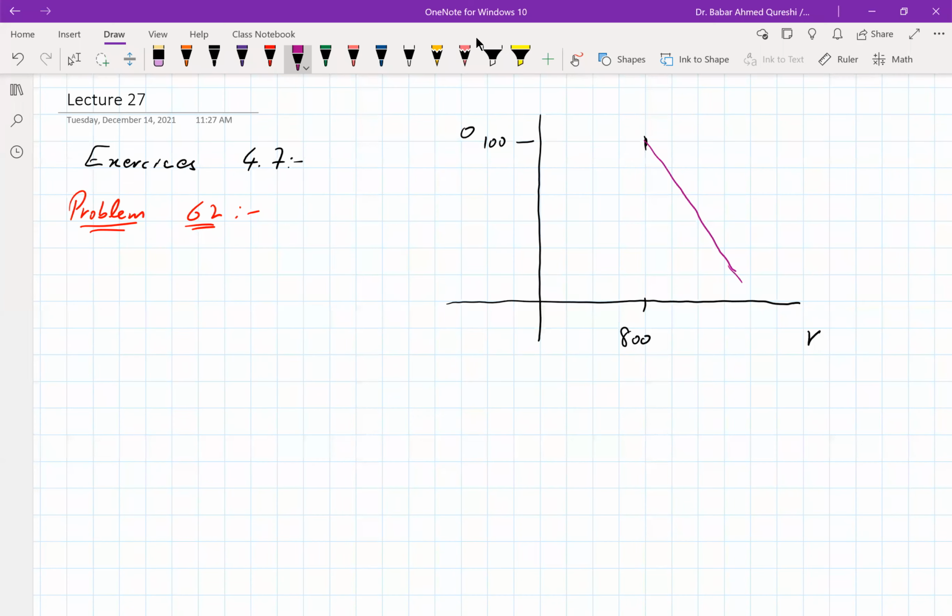And if I extrapolate it, it's going to cut the x-axis at some point. I want to get a relationship between occupancy and rent. So occupancy is a function of rent, and it's a linear function.